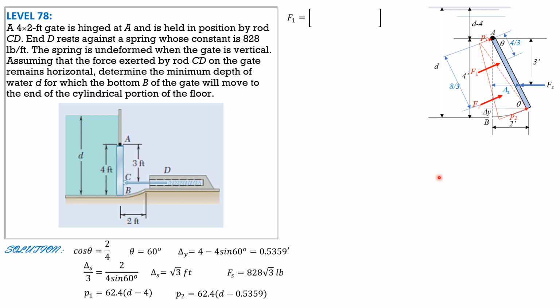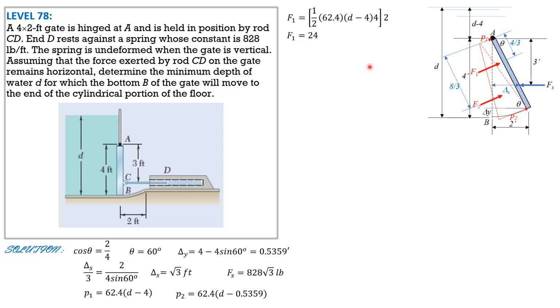So F1 is equal to the volume of the pressure diagram, 1/2 of P1, 62.4 quantity D minus 4, times 4 feet, then times 2 feet perpendicular to the board, because we have 4 by 2 feet, so this is already 4, so that means 2 feet is the width of the gate perpendicular to the board.